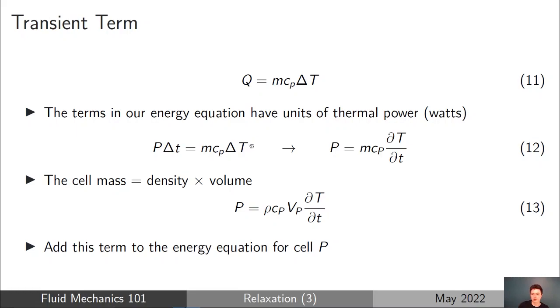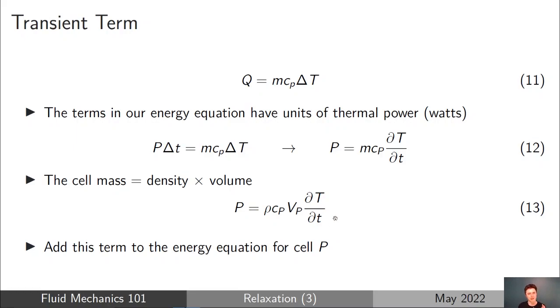And if we just divide both sides through by the increment in time and then take the limit as that time step reduces down to 0, we end up with this additional equation, equation 12. So the power will be the mass of the cell times its specific heat capacity times the rate of change of temperature with time. And the final simplification we're going to make is just replacing the cell mass by its density multiplied by its volume. And this is the additional term that we're going to add to our energy equation.